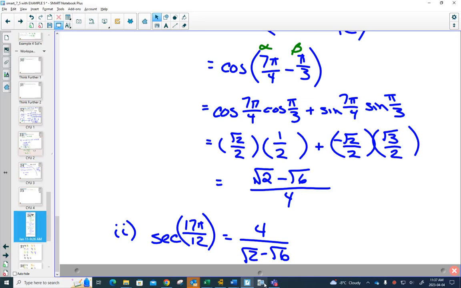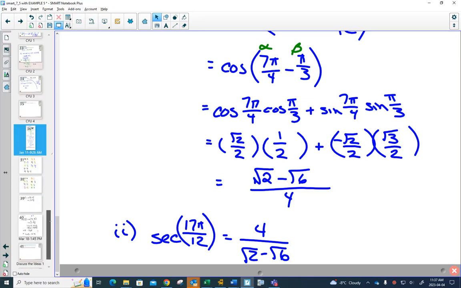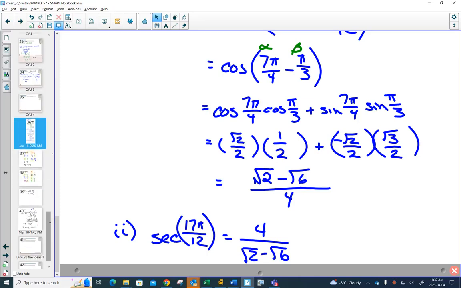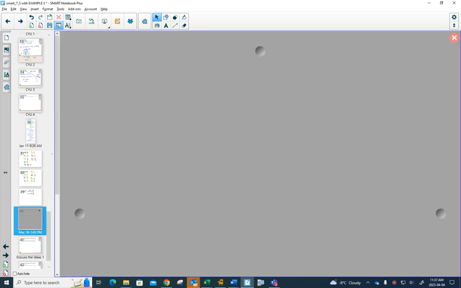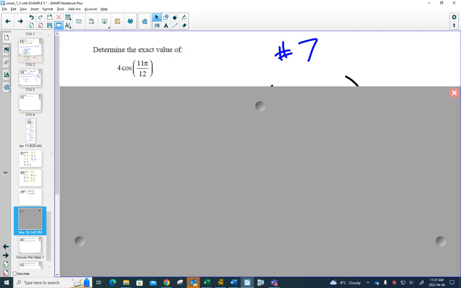Here's another one. I'm going to give you one more question from an old exam. On an old exam, they had determine the exact value of 4 cos 11 pi over 12.